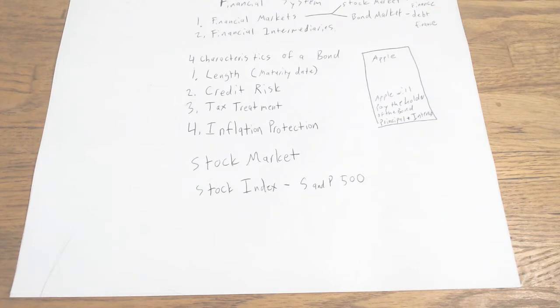Now, since the S&P 500 takes 500 of the major US companies, if for some reason the price of the index falls, people are pessimistic about the future, and you may be able to glean some sort of forecasting or perception about what might happen in the future for these companies.